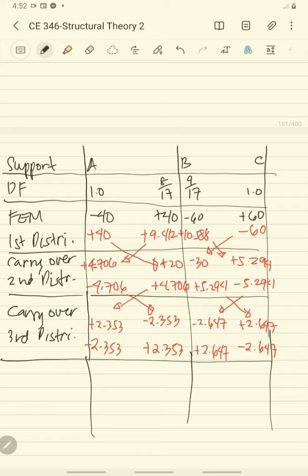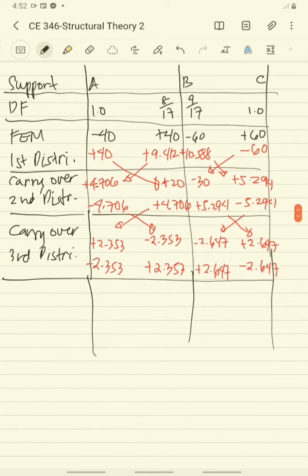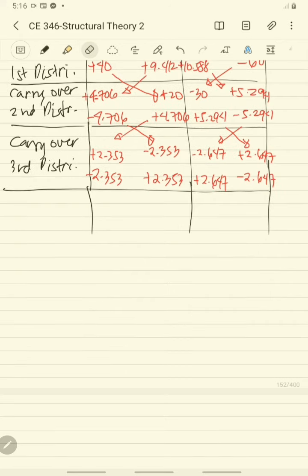So now I guess I have to stop here, because if you observe, the value here will always repeat if we continue the distribution or the carryover until it becomes negligible.